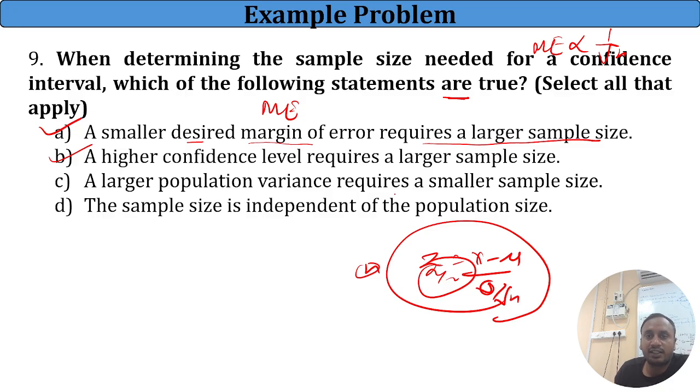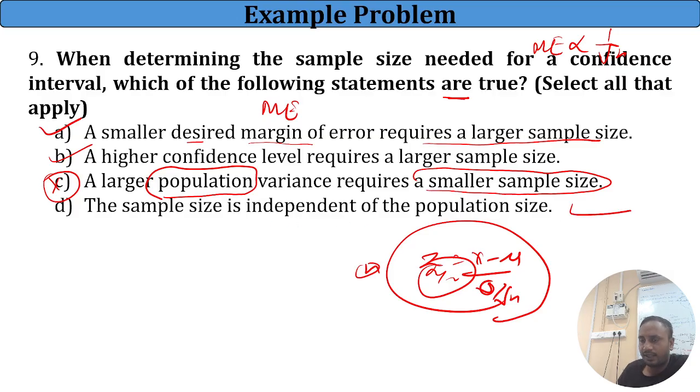A larger population variance requires a smaller sample size: no, because a larger population variance affects the sample size, so that can't be the answer. Sample size is independent of the population size: is it true?